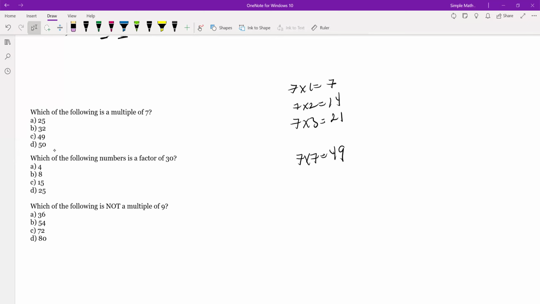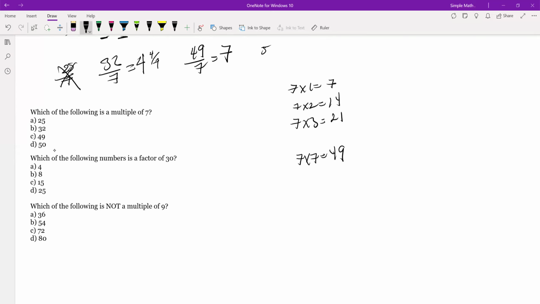Okay, but if we're working with time, the easiest way you can answer a multiple choice question like this is to quickly divide each number by 7. So which of these is a multiple of 7? 25 divided by 7 doesn't give you a whole number, so that's out. 32 divided by 7 doesn't give you a whole number either; it's going to give you 4 whole and a fraction, a mixed fraction, so that's out. 49 divided by 7 is going to give you 7.